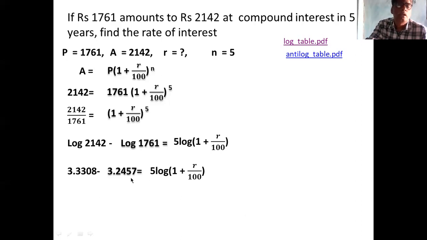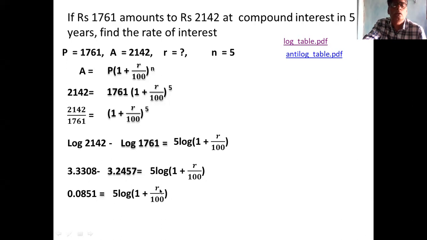Okay. Then deduct it, 3.3308 minus 3.2457. What is the answer? 0.0851. 0.0851 is equal to 5 log 1 plus r by 100.